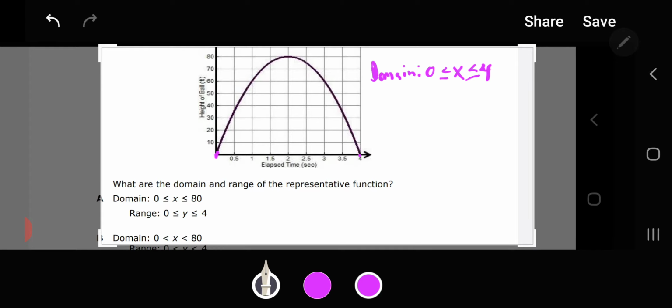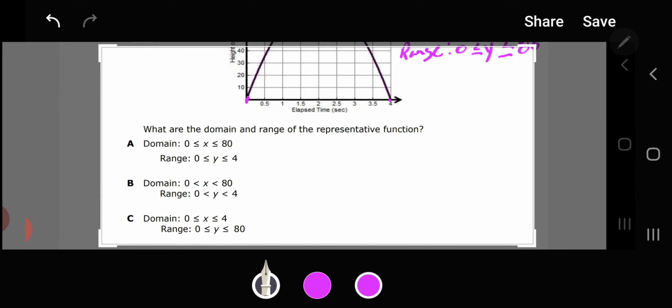So we're between those numbers. Our range is getting highest and lowest. Well, the lowest is when we were on the ground, so at 0 feet height. But we are less than or equal to, well, the highest it ever got to was 80 feet. So we're always less than or equal to 80.